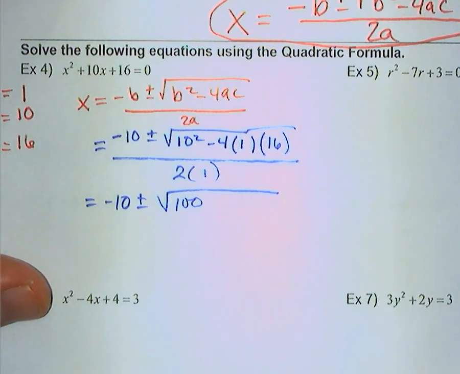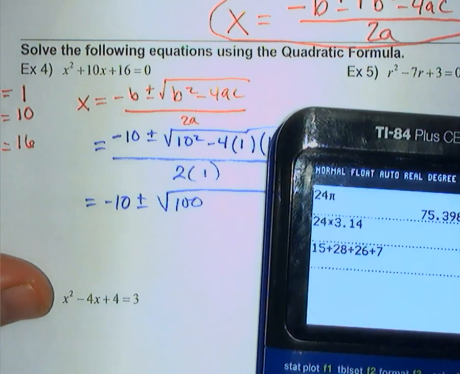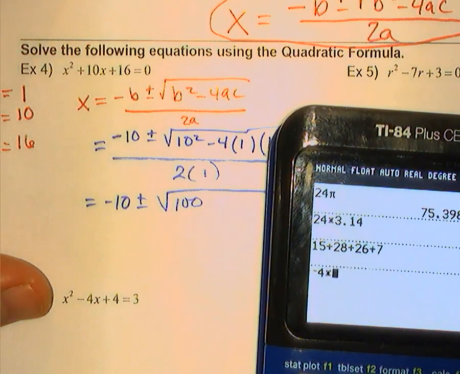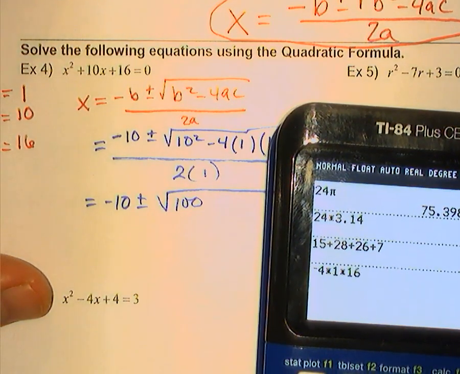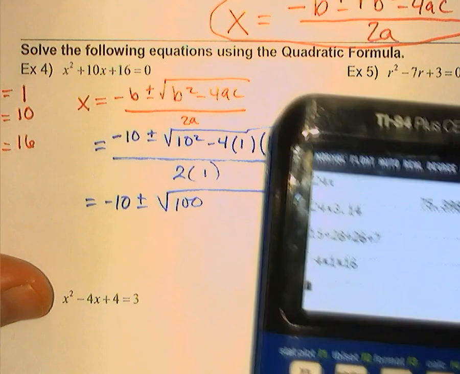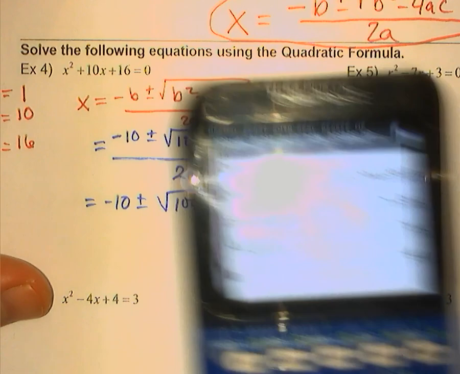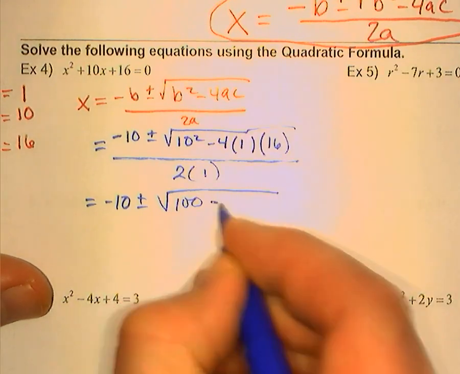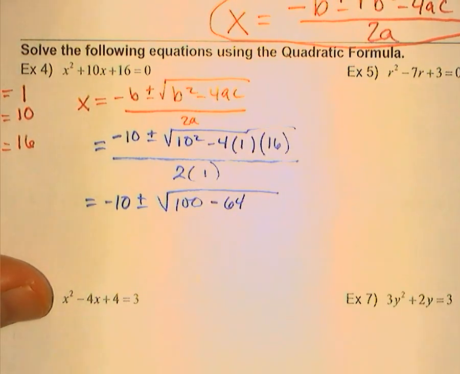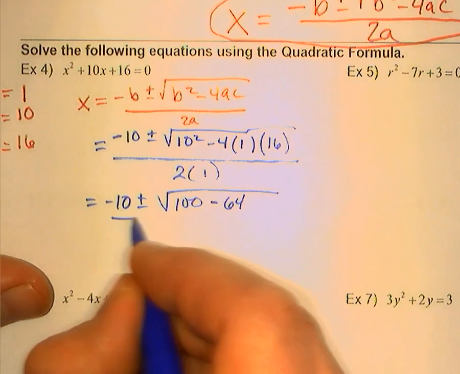So if you need to, use your calculator. What's negative 4 times 1 times 16? I press enter, and I get negative 64. So I have minus 64. So far, so good.